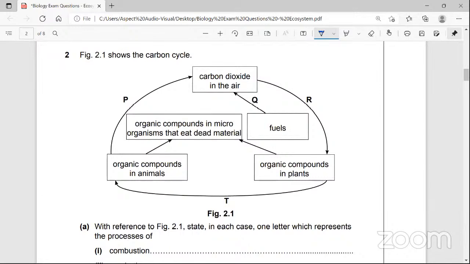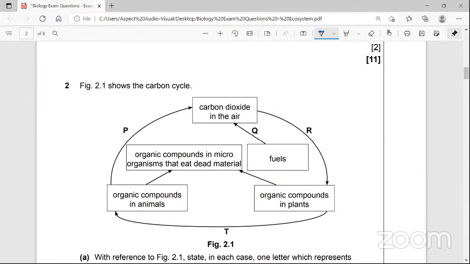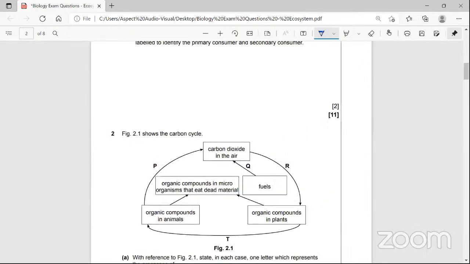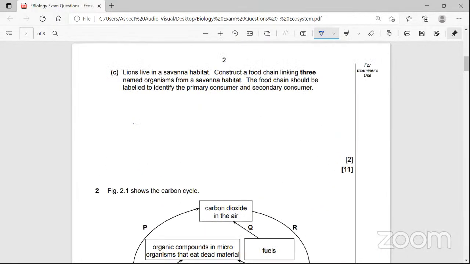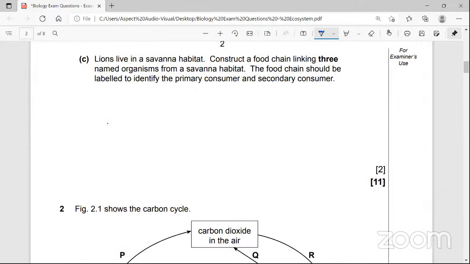You don't know how to draw the food chain. Right, so let's do this one. Lion lives in a savanna habitat. Construct a food chain linking 3 named organisms from a savanna habitat, right? That is very key. The food chain should be labeled to identify the primary consumer and secondary consumer.